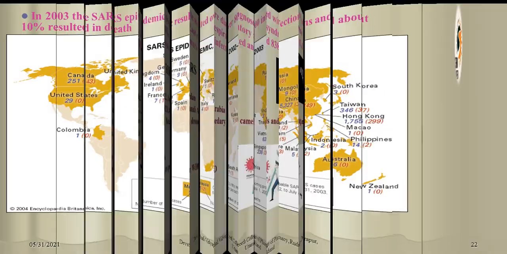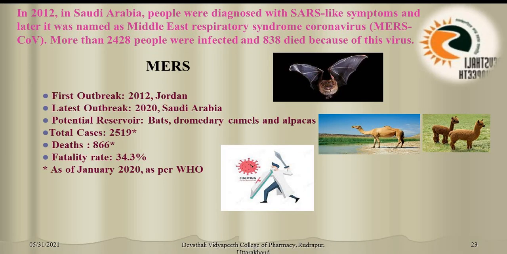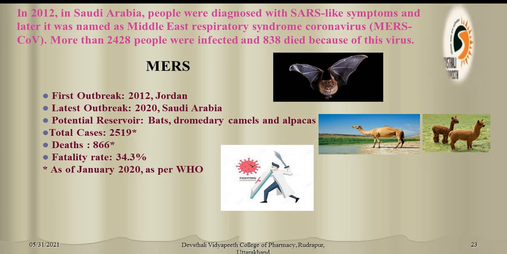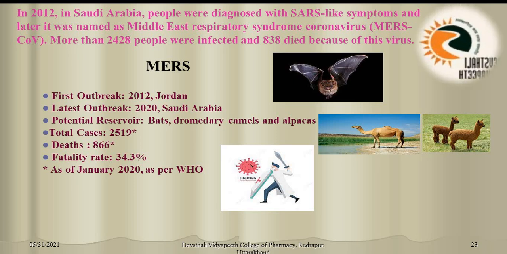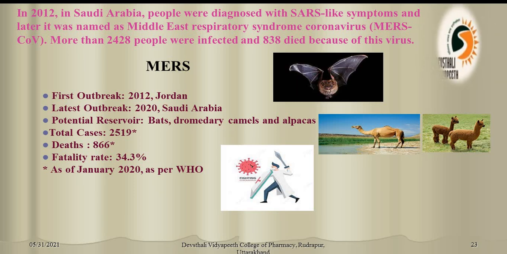Then in 2012 in Saudi Arabia, people were again diagnosed with SARS-like symptoms, and this disease was later named MERS-CoV, Middle East Respiratory Syndrome coronavirus, because it occurred in the Middle East.